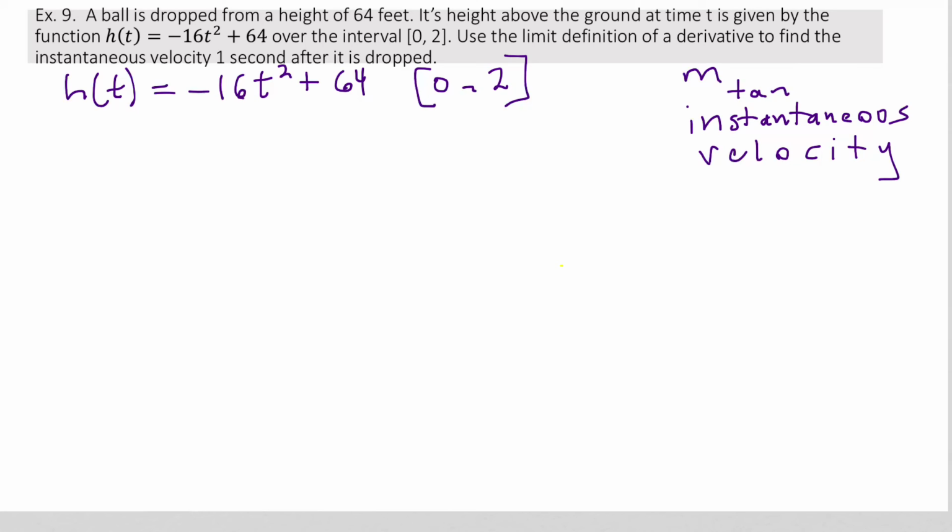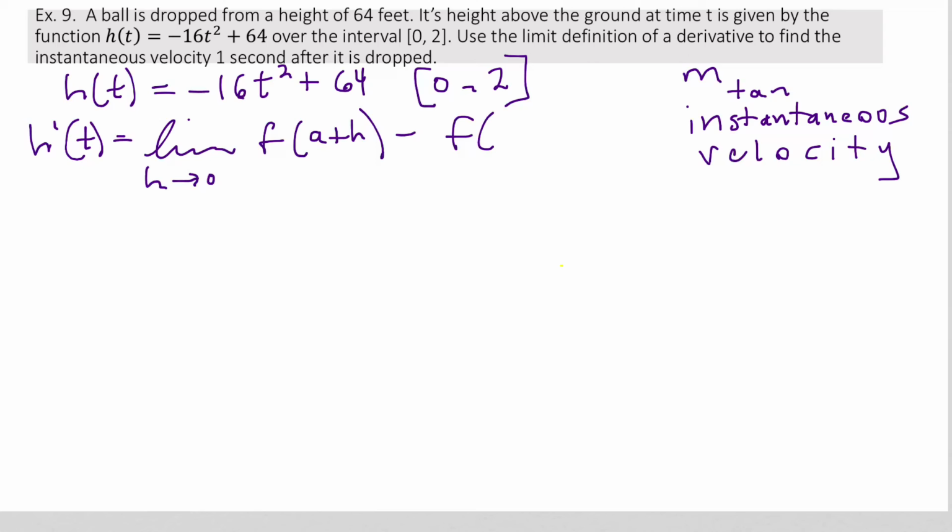Alright, so remember our vocabulary from our prior chapter. We need the limit definition of a derivative, so let's write that down. Okay, so there's two h's in this equation here. We have an h in our limit definition: the limit as h approaches 0 of f of a plus h minus f of a, divided by h.